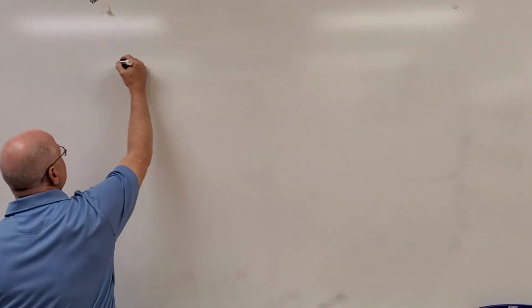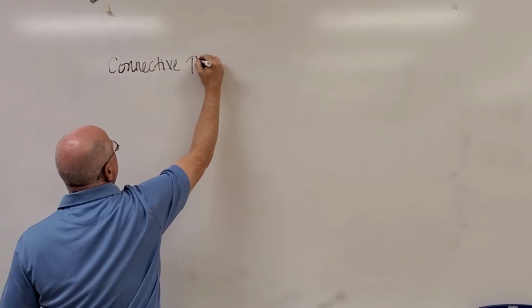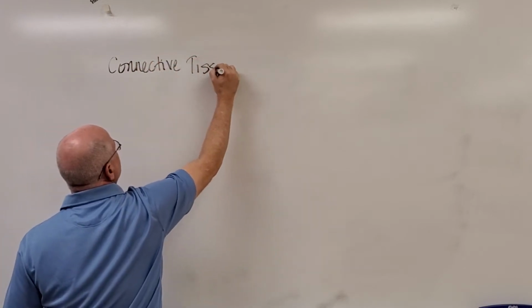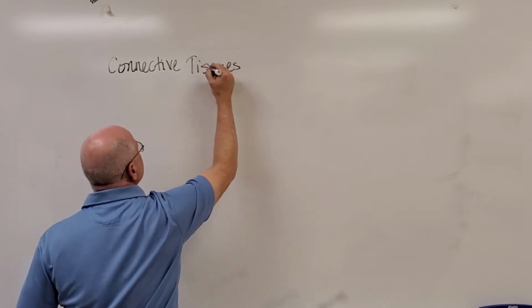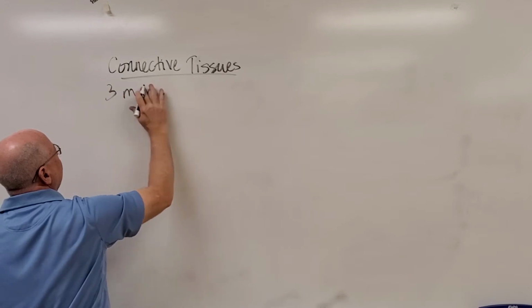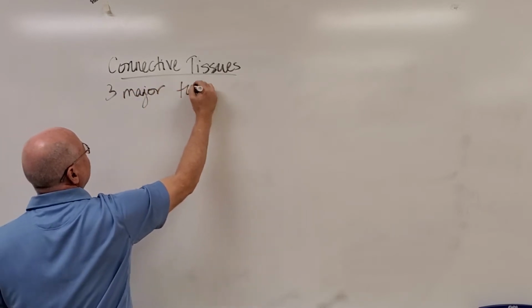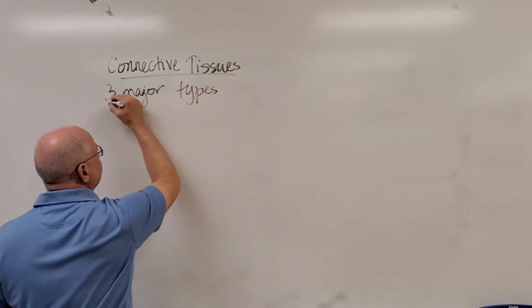So when it comes to connective tissues, this is sort of an introduction that will help also with lecture. There are 3 major types, and all of the connective tissues we look at are some variation of these 3 major types of connective tissue.